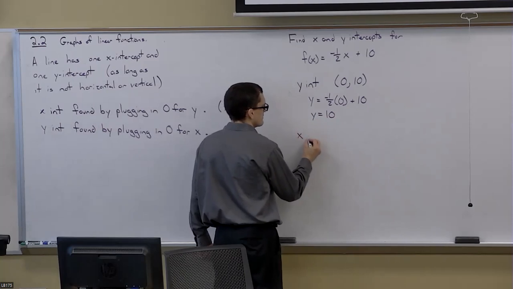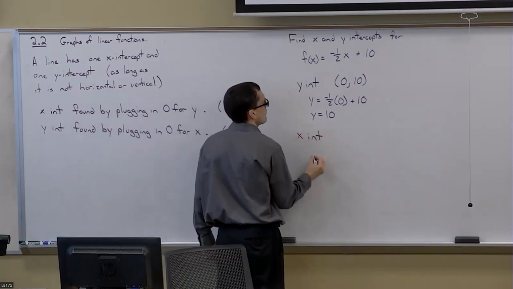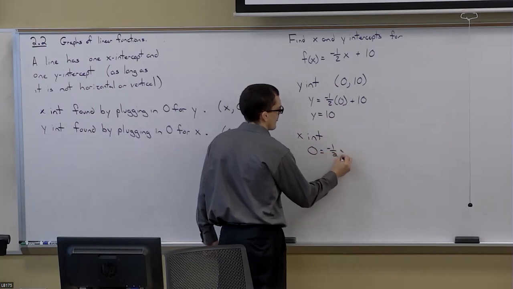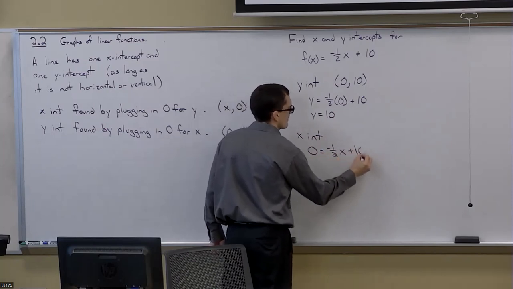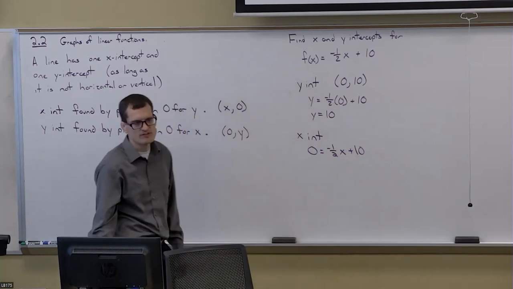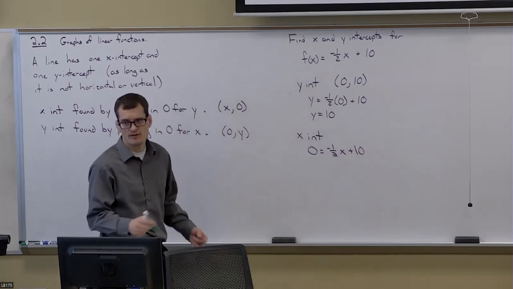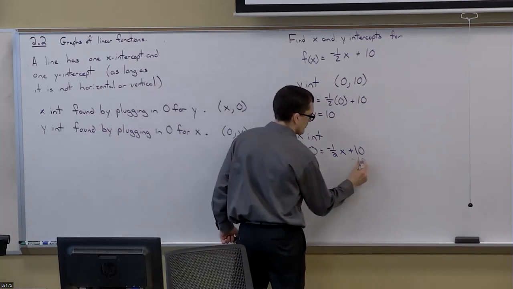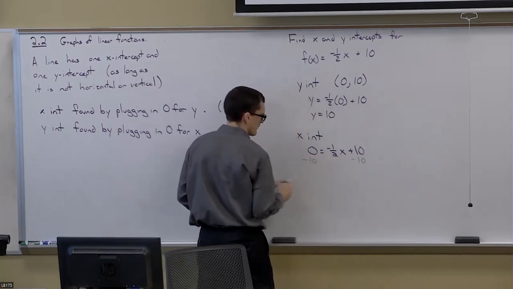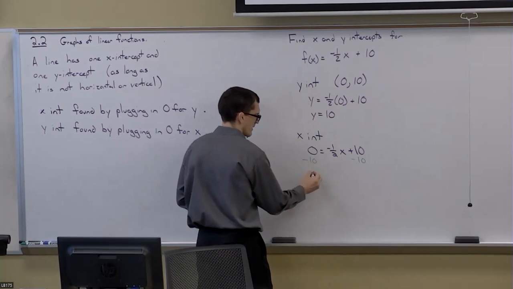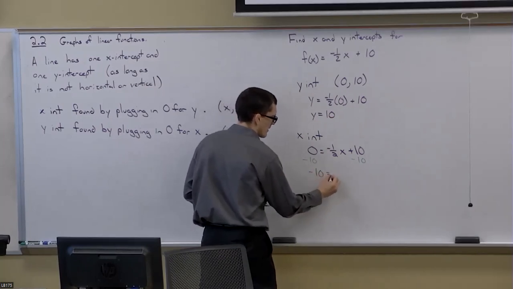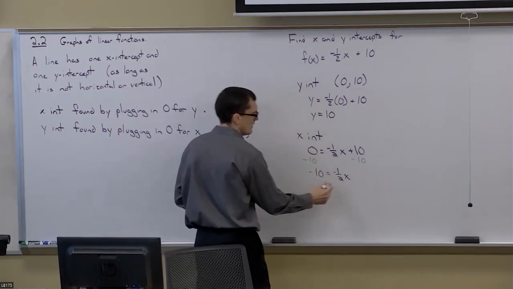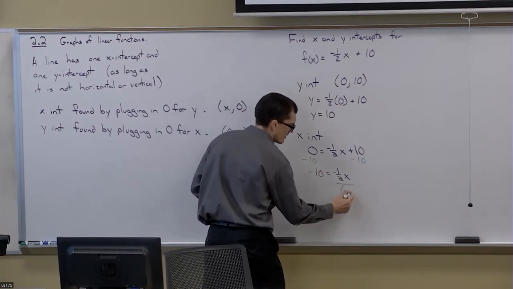Now for the x-intercept, we're going to plug in 0 for the y, and then I have to solve for x. Subtract 10 from both sides in this case, and then divide by -1/2.